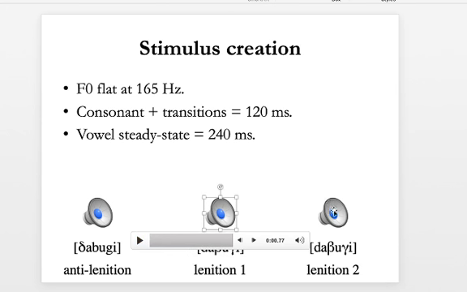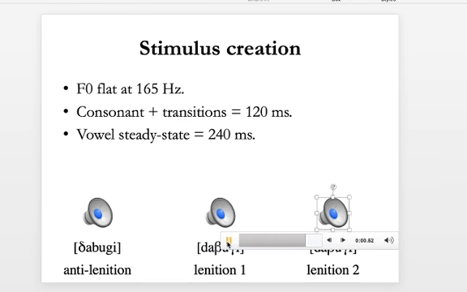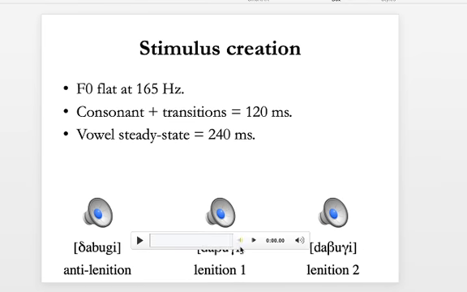And then this Lenition 2 condition is the same, but it has slightly more vowel or approximant-like continuants. Those sound almost like glides, right? So this is a less Lenition and more Lenition condition, as well as the anti-Lenition condition.